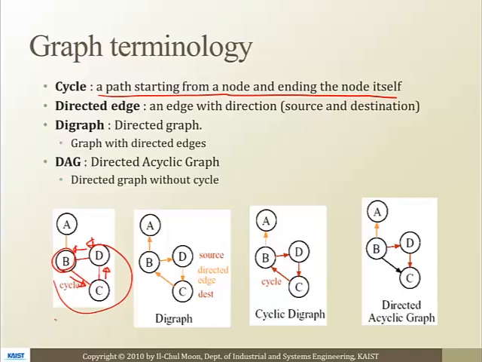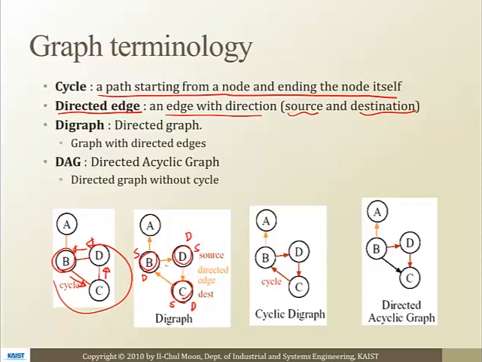So this is an undirected graph, right? A directed edge means that there is a direction of the flow, source and destination. Here the source is B and the destination is D. Here the source is D and the destination is C. Here the source is C and the destination is B. Does this have a cycle?